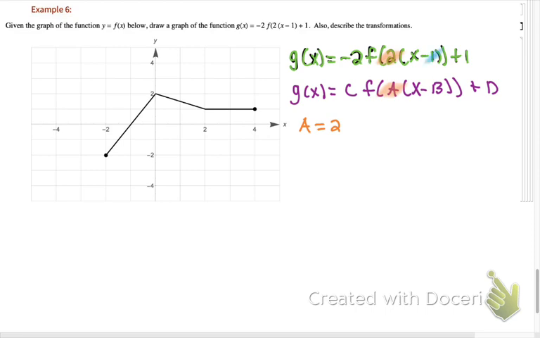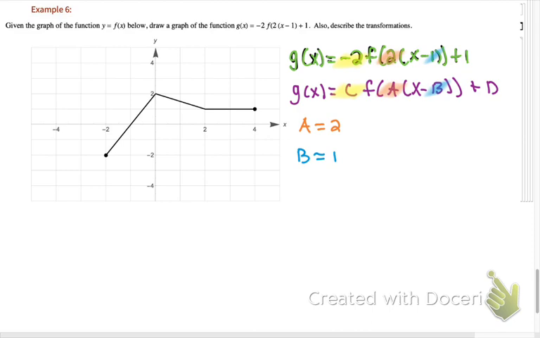Now we have the -1. That's matching up with x minus B, so you'll notice I have 1 and B highlighted in blue. So we know that capital B is equal to 1. And then we have a capital C. Let's see if yellow shows up. Okay, I think it does. So you'll notice that in front of the f we have -2.